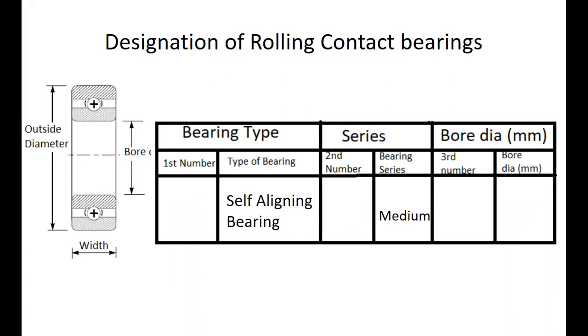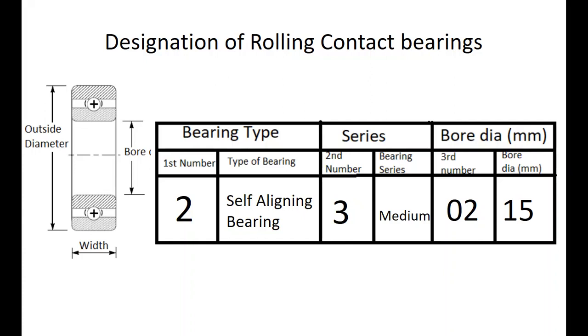Moving on, one more. 2 is a self-aligning bearing. 3 is the medium series. 02 is 15 mm. We have already said that 01 is 12 mm, 02 is 15 mm, 03 is 17 mm.